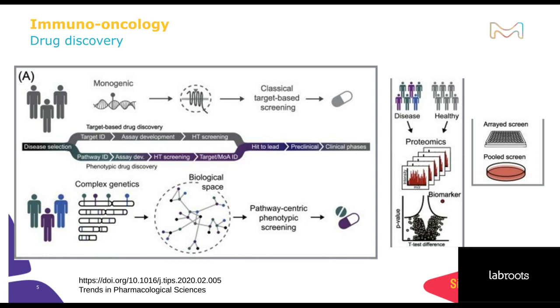And then once a customer has a hit that they are interested in pursuing, there is also a space for us within the lot release and preclinical testing of whatever pharmaceutical or target that they are interested in identifying. So where we thought that we could fit in is within the assay development phase of this, where we can engineer cell lines that our customers can use to screen for their targets or for any sort of lot release assay.